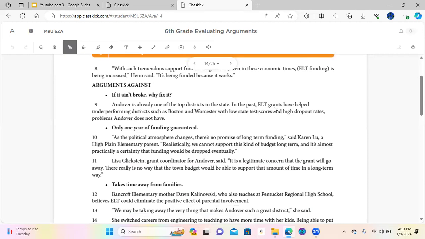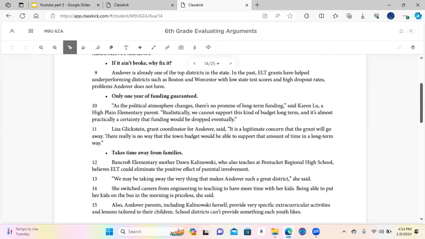In the past, ELT grants have helped underperforming districts such as Boston and Worcester with low state scores and high dropout rates, problems Andover does not have. Only 1 year of funding guaranteed. As the political atmosphere changes, there's no promise of long-term funding, said Karen Liu, a High Plain Elementary parent. Realistically, we cannot support this kind of budget long-term, and it's almost practically a certainty that funding would be dropped eventually.